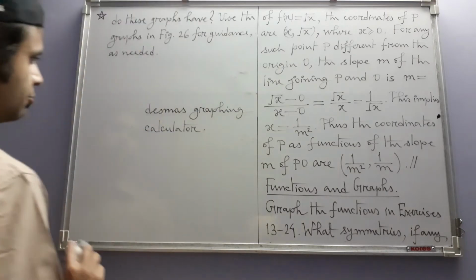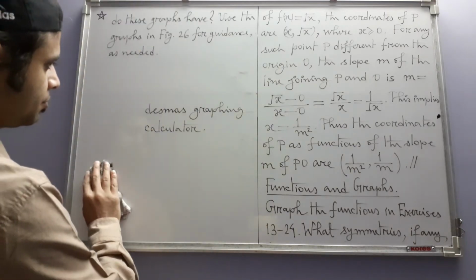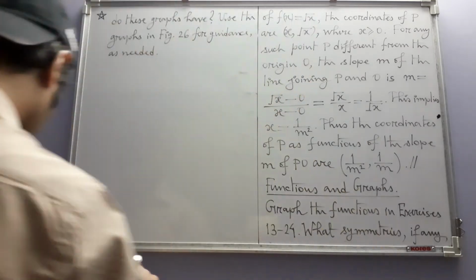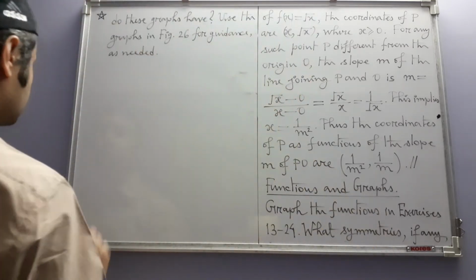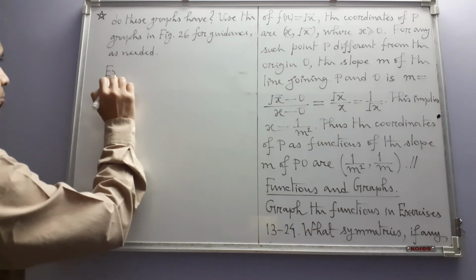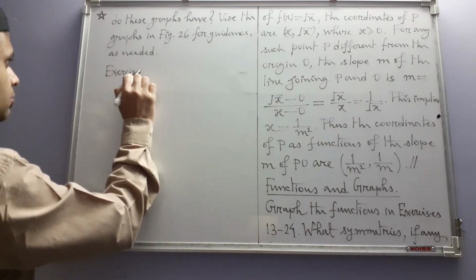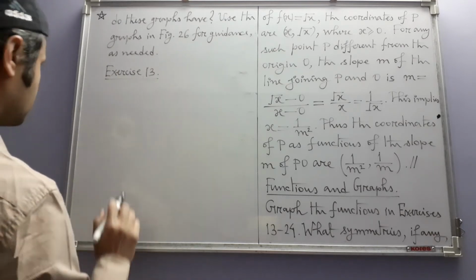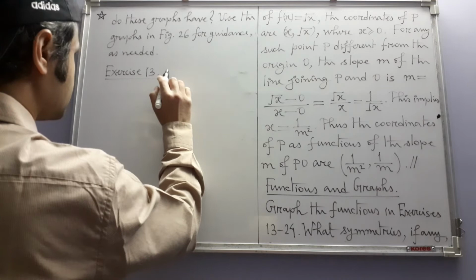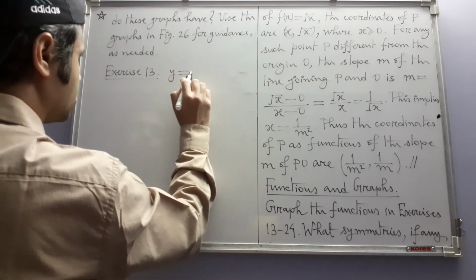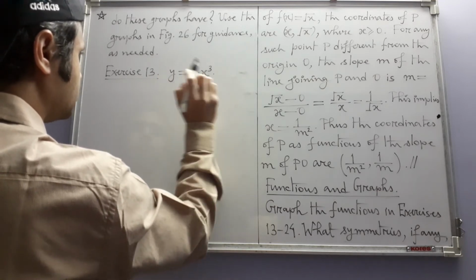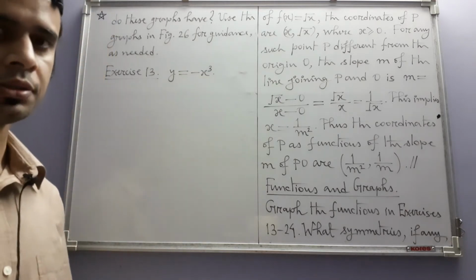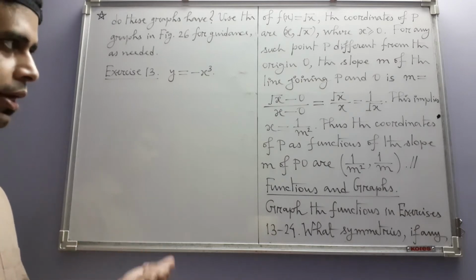So these are the functions. The function is this, y equal to minus x cube. If you recall, we already know the graph of y equal to x cube. So this is just the negative of that.